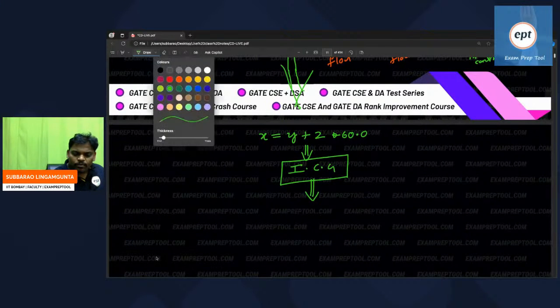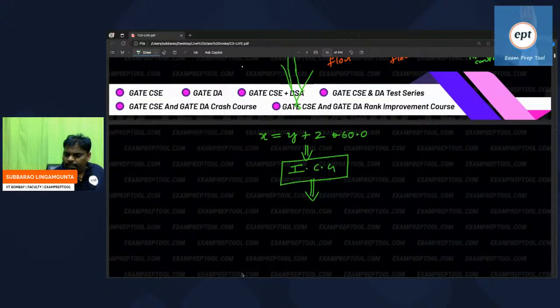Everyone observe, careful now. You only say multiplication and addition. Multiplication is highest priority, so T1 is equal to Z into 60.0. It should be done first.